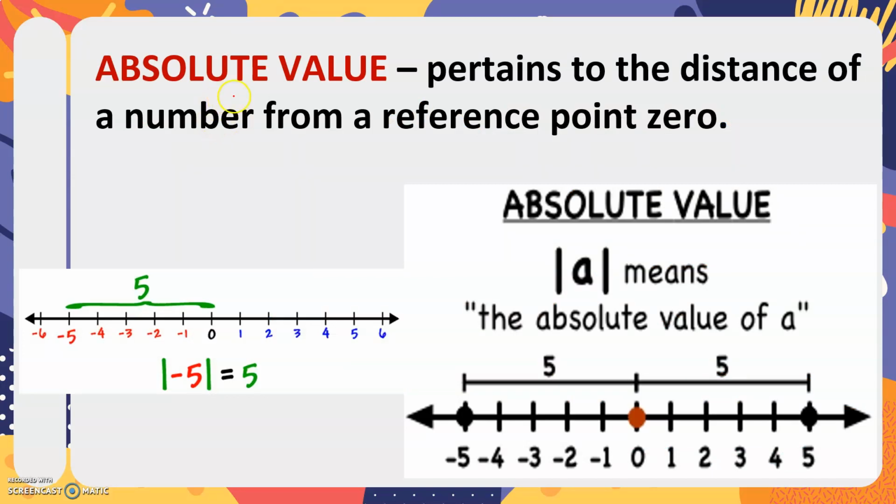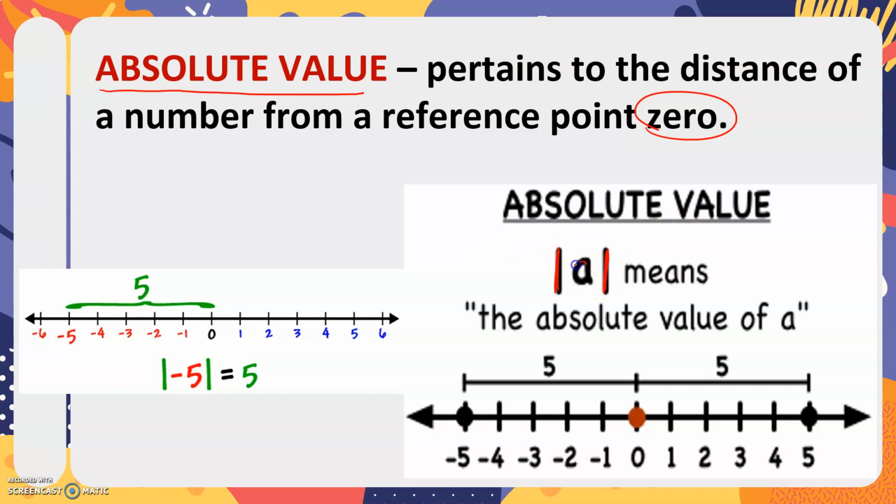Now, when talking about integers, we also have what we call the absolute value. This pertains to the distance of a number from a reference point 0. The absolute value is represented using this symbol, two vertical lines.